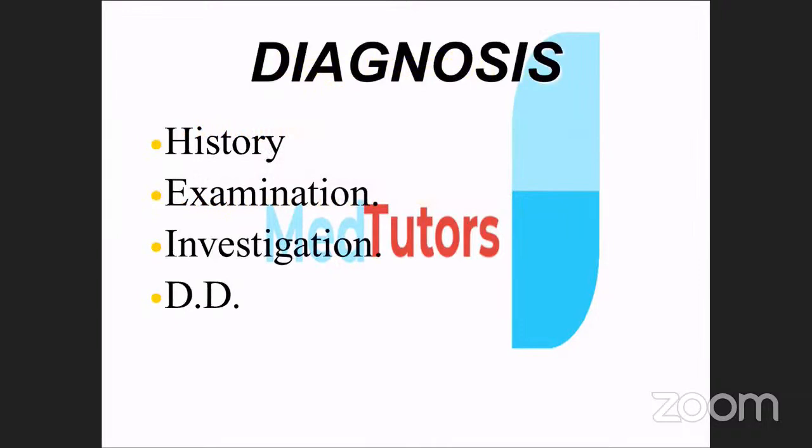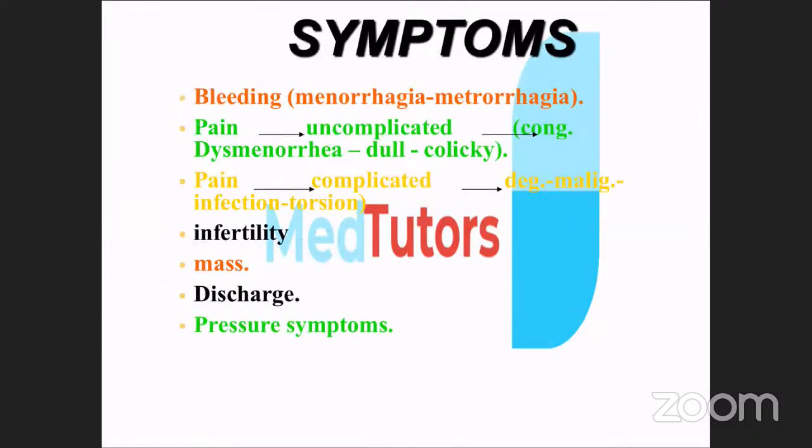So what's the diagnosis? Diagnosis is achieved based on symptoms, findings on examination, and investigation. The major symptomatology is bleeding, menorrhagia or menometrorrhagia. Menorrhagia is heavy and or prolonged menstrual flow that is cyclical.